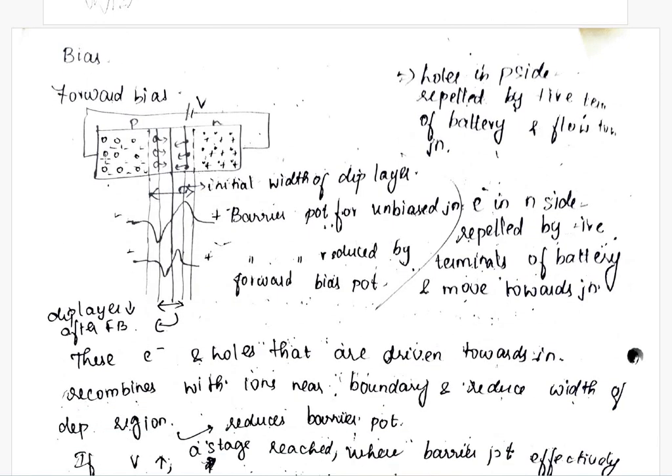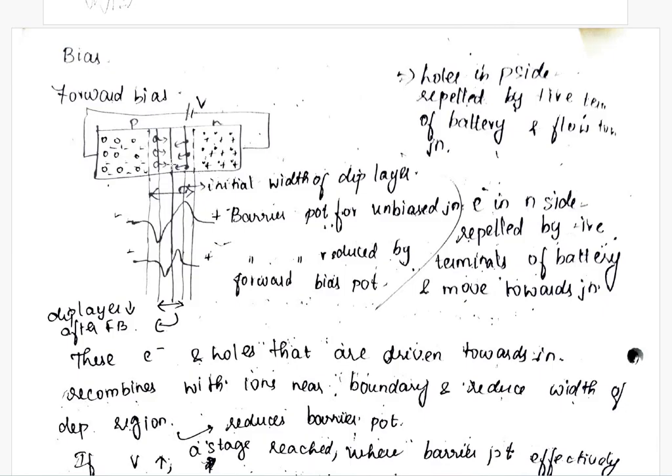Biasing. In forward bias we connect the P side to the positive of the battery and the N side to the negative of the battery. So what happens here is that the holes, when they come towards the battery, since both are positively charged, get repelled by the battery and go towards the N side. The electrons get repelled by the negative of the battery and go towards the P side.